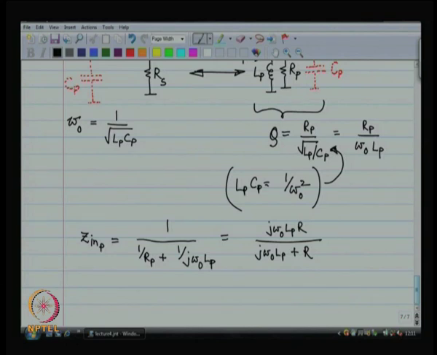So, this is the input resistance, input impedance.